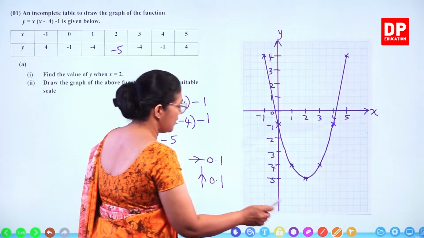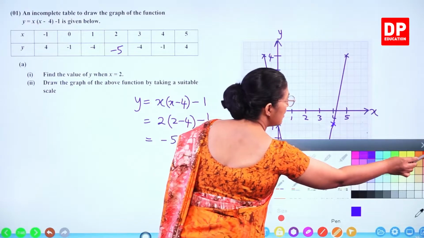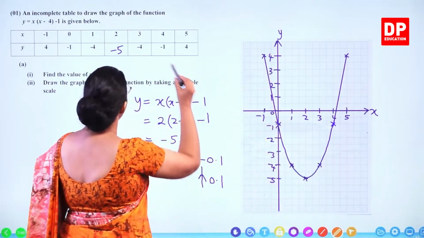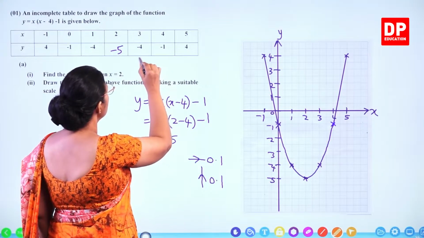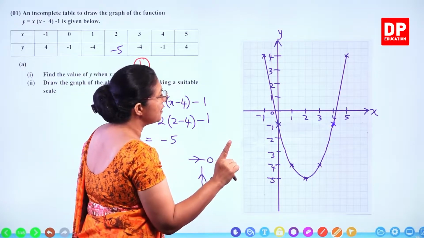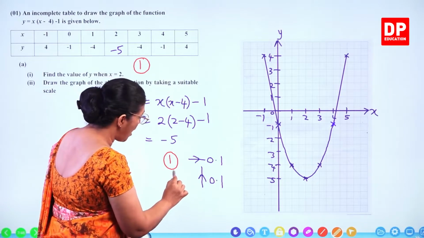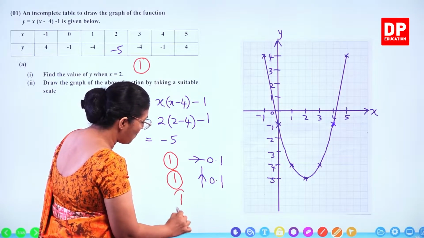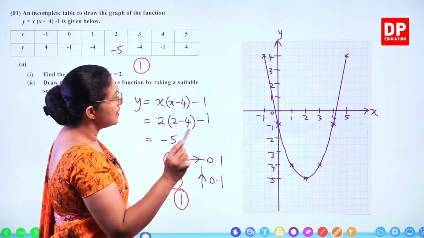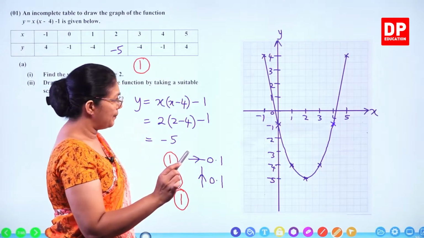So all together you get 1 mark for finding this answer and 3 marks for the graph: 1 mark for adjusting the scale, 1 mark for marking the points, and 1 mark for connecting the points smoothly.